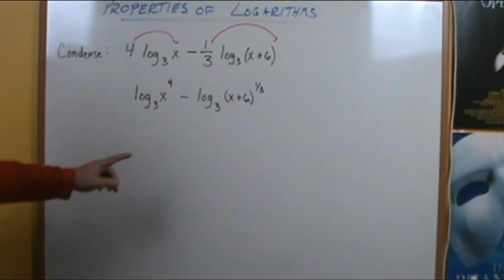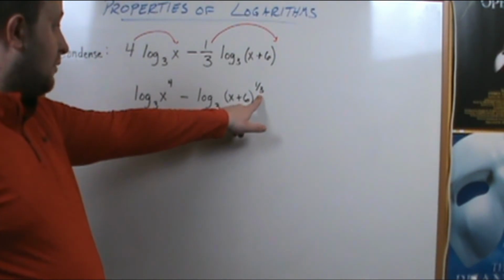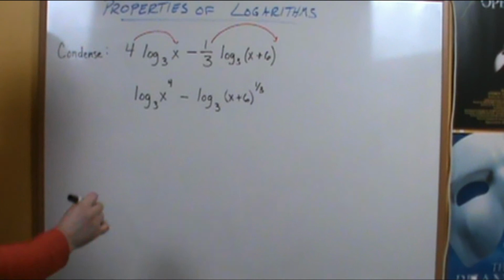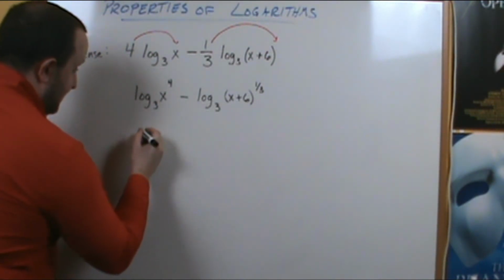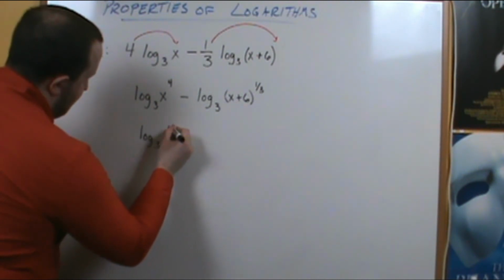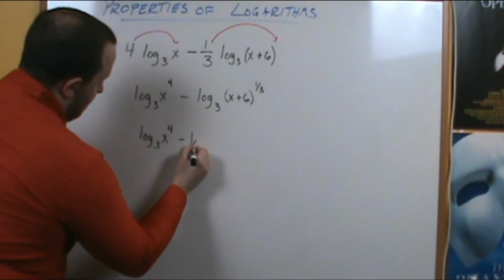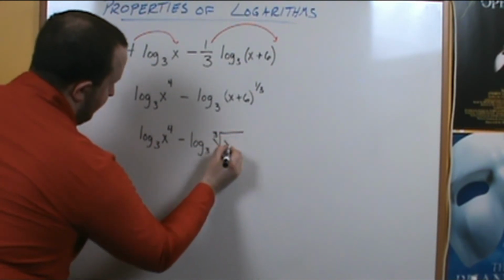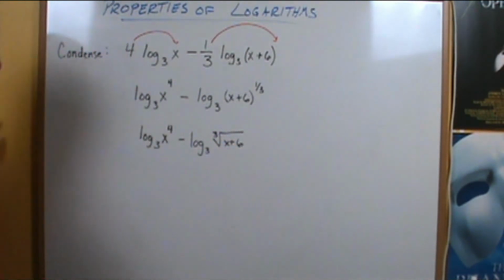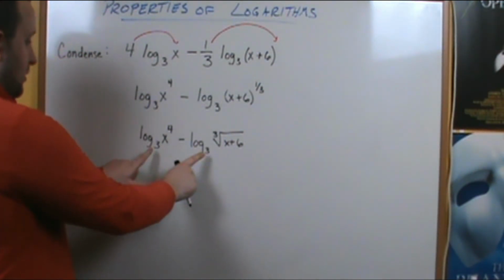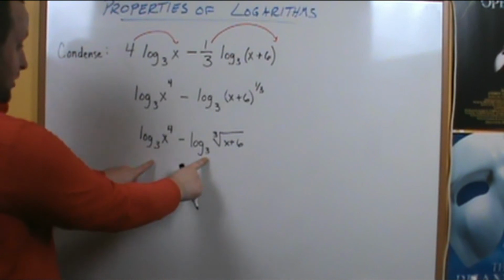Now you have an option here if you want to take this 1/3 power and write this as a radical. That's fine. I'm going to do that because it makes life a little bit easier. So we get log base 3 of x to the 4th minus log base 3 of the 3rd root of x plus 6. Now we have two logarithms with the same base. This only works when the logarithms are the same base.